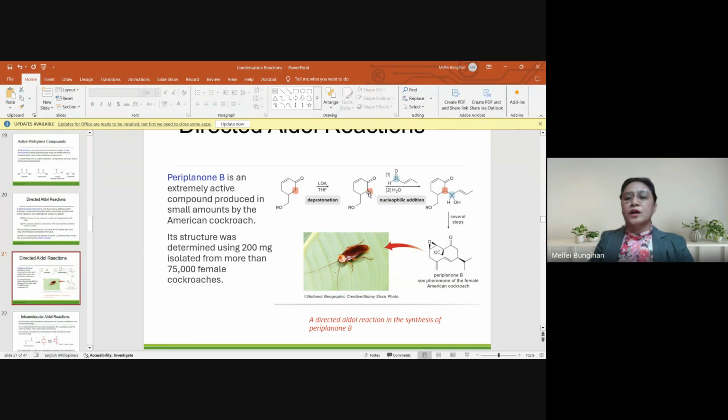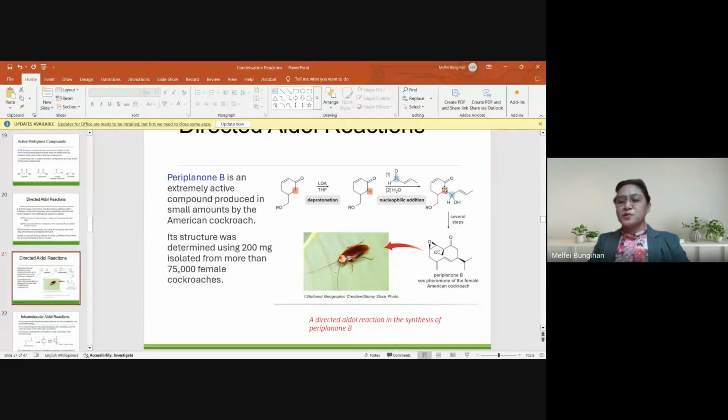This is already your enolate, and you can react it with another carbonyl compound, which will act as your electrophile and forms a C-C bond at your enolate.